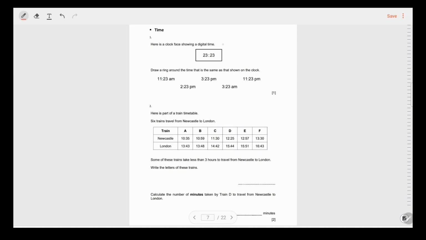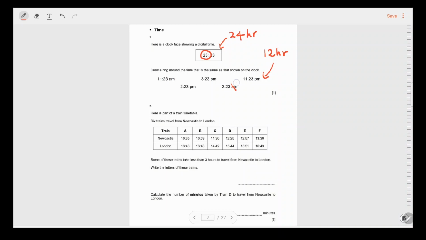So here, as you can see, this is in the 24-hour format, and the times that are given below are in the 12-hour format. So what you're supposed to do is to match it, and when you see that this is 23, which means that in the 24-hour clock it is after 13 hours, this means that it's in the afternoon.